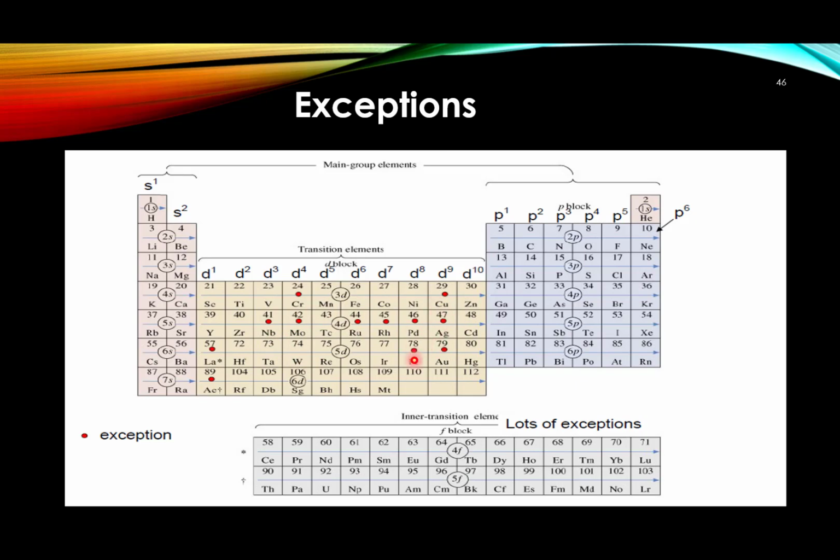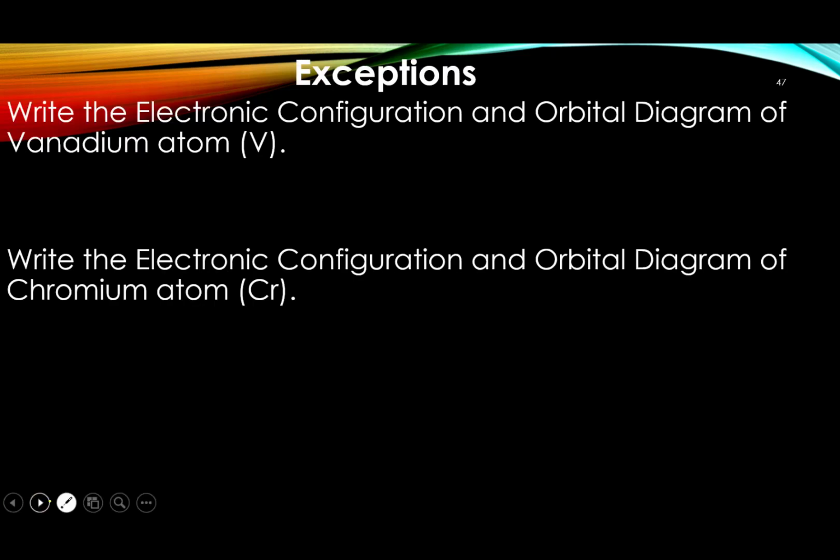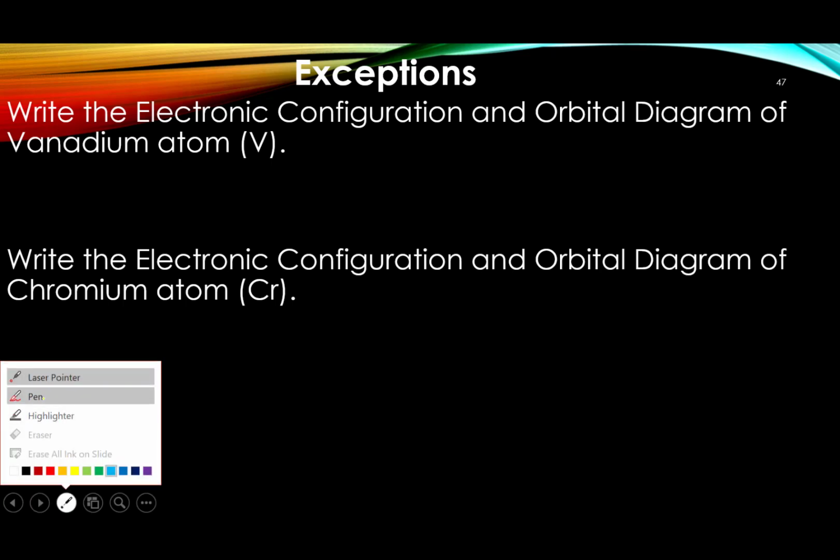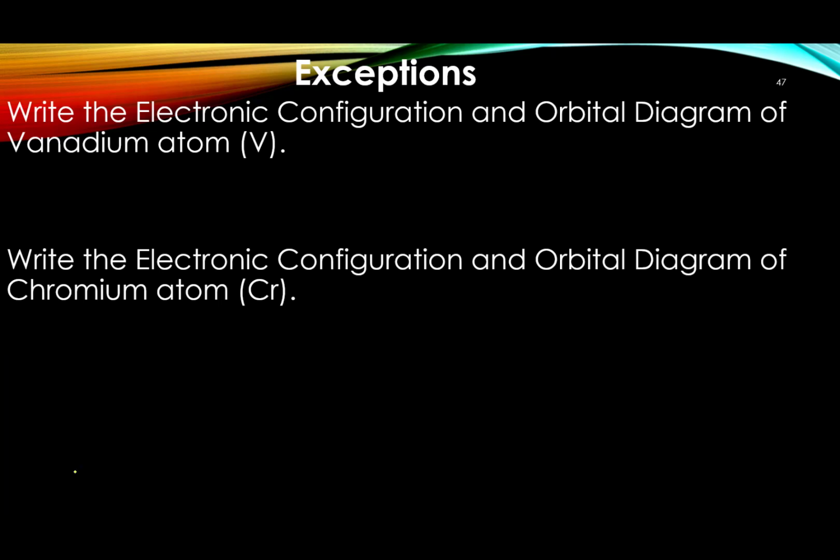What do I mean by that? I'm going to write down the electronic configuration for vanadium, and I will tell you what I mean. Vanadium has 23 electrons.